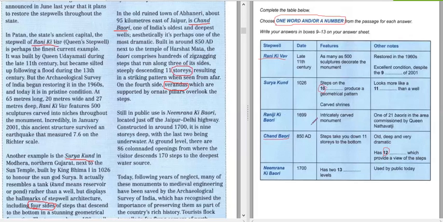Okay. So now let us see what we have to match. In reading you cannot only see which word fits into the context, you have to see in the whole sentence what goes with a clear meaning. It has this which provide a view of the steps. On the fourth side, verandas which are supported by ornament pillars overlook these steps. Provide a view of these steps and overlook these steps.